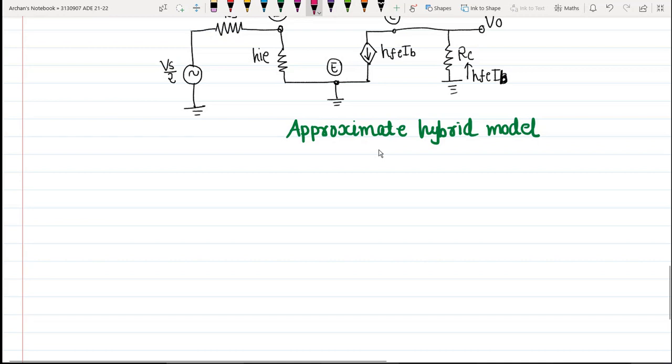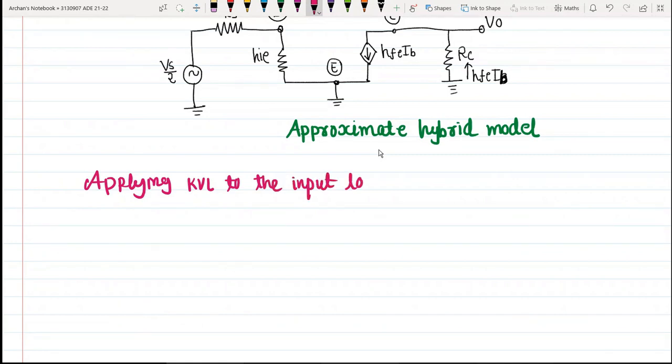Okay. So applying KVL to the input loop, we will have this equation.